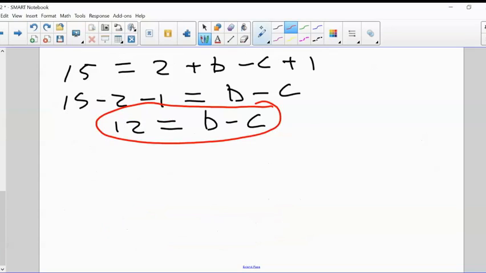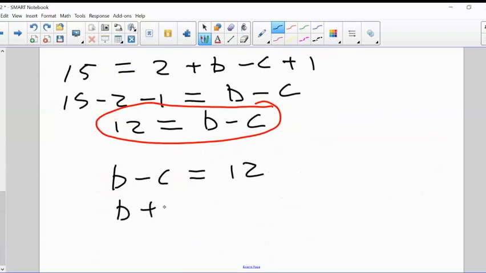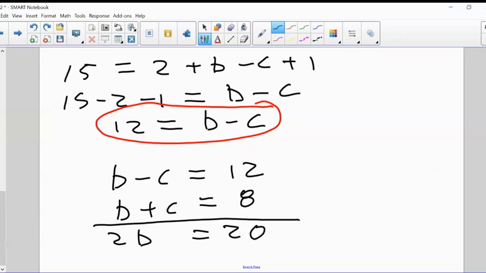So I'm going to say that b minus c is equal to 12 and b plus c is equal to 8. And I'm going to add these equations together. I can add them because adding them makes the c's get eliminated. So I'm going to get that 2b is equal to 20.